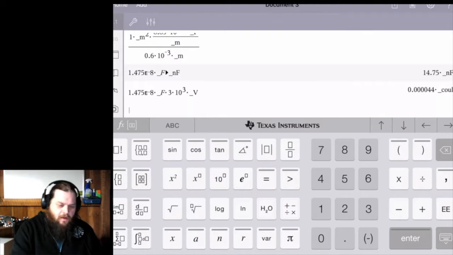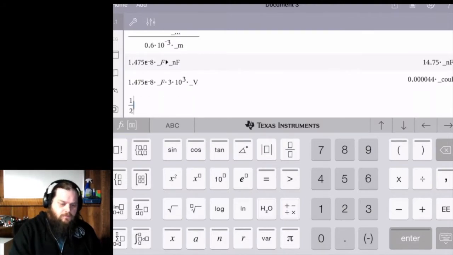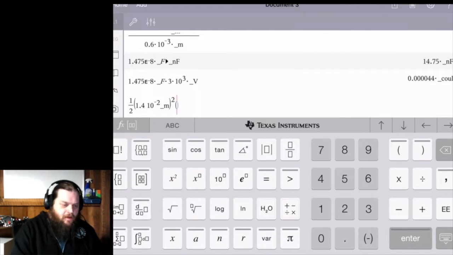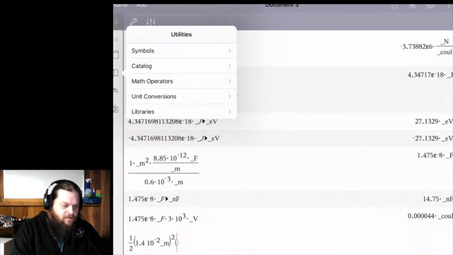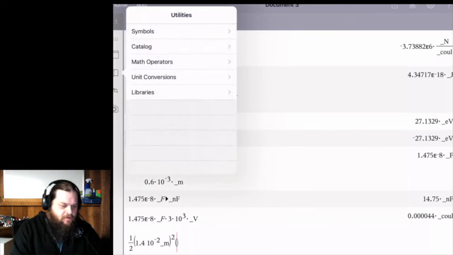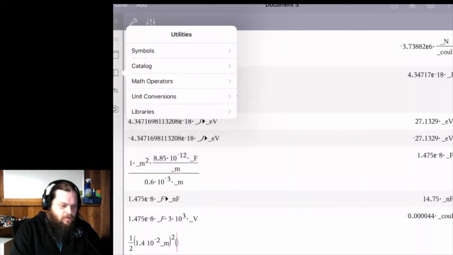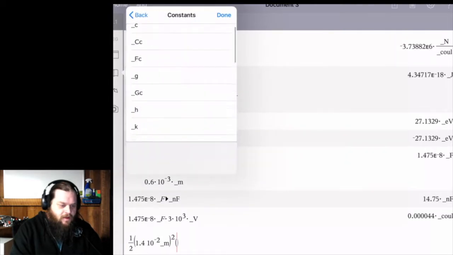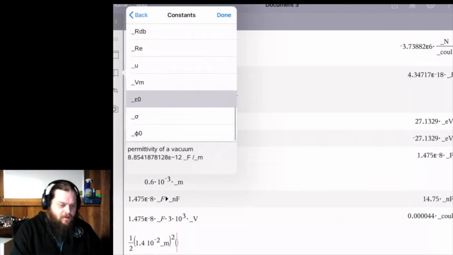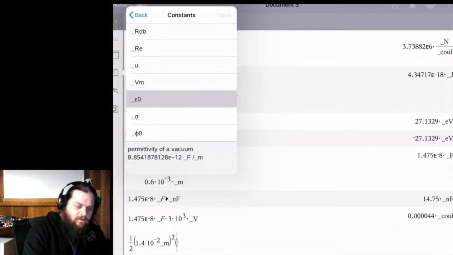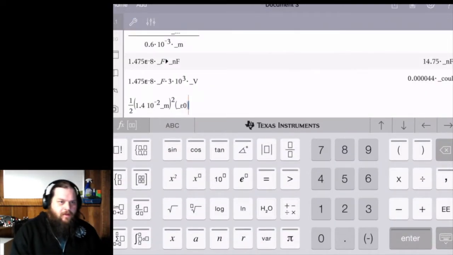So that was 1/2 times 1.4 times 10 to the negative 2, because we're converting centimeters to meters. And we're going to square that value. We're going to multiply that by epsilon naught. I'm just going to use my calculator's unit conversion constants. It has that constant stored in here. That's 8.85 times 10 to the negative 12th. Plug that in there.